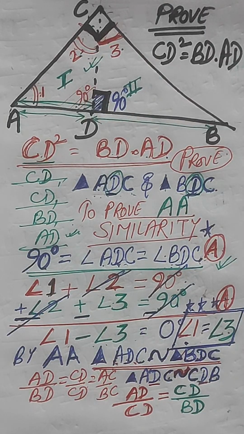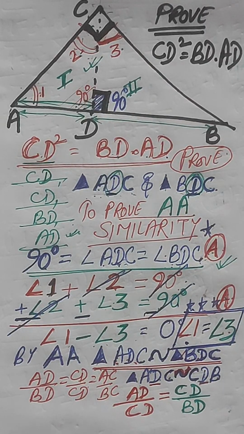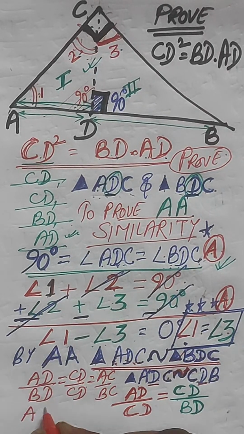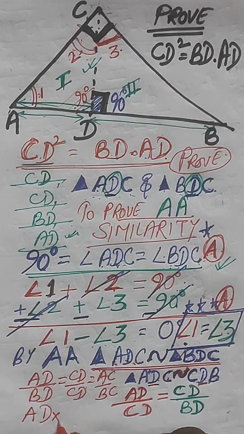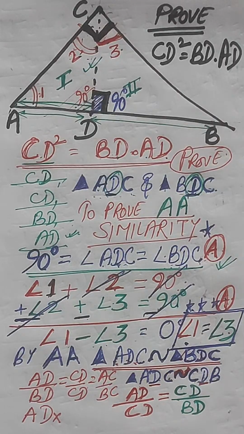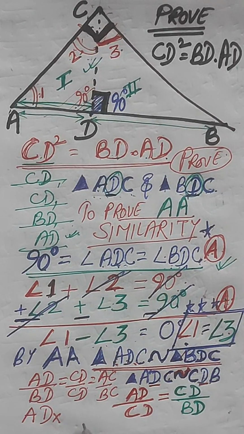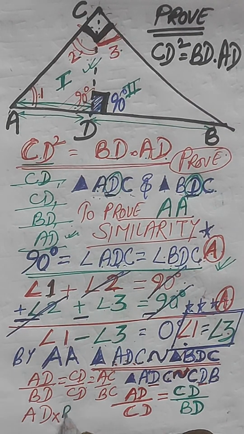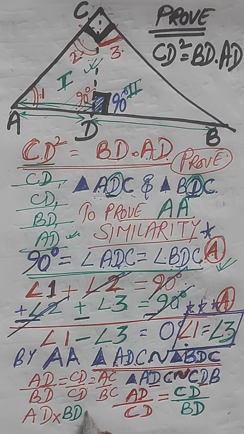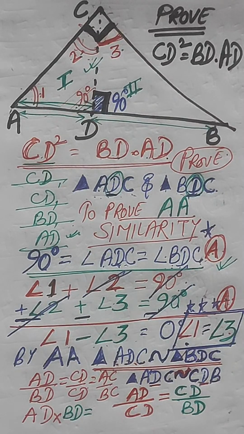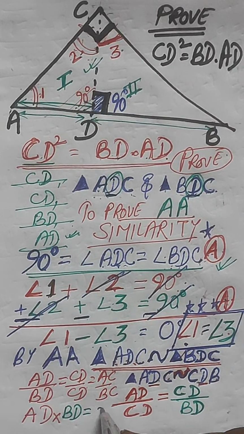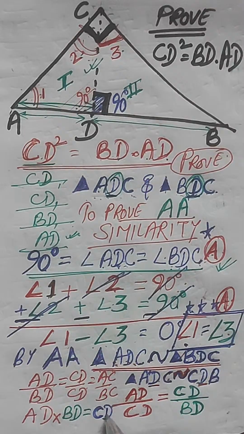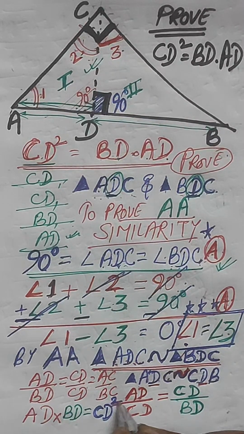Then in this case, we can write AD into BD is equal to CD into CD, which is equal to CD square.